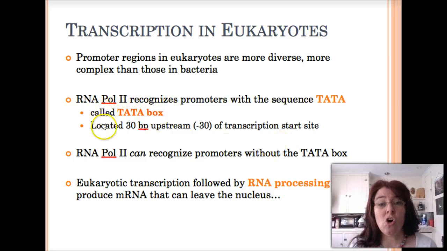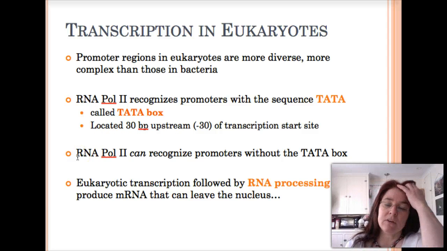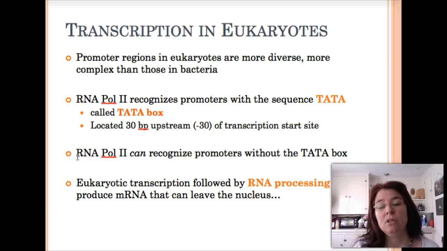Now, this is a common promoter region that's recognized by RNA polymerase 2, but it's certainly not the only promoter region that's recognized by RNA polymerase 2. So we have many promoter regions. We see a great diversity, in fact, in promoter regions in eukaryotic organisms.